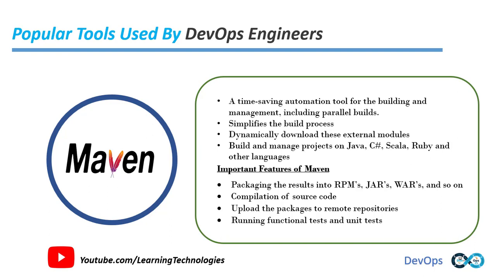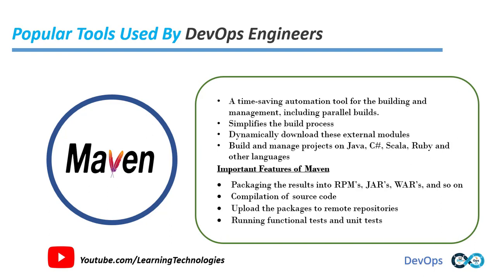Maven simplifies the build process by describing how software is built and what its dependencies are. A Maven project is configured using a project object model, or POM, an XML file which describes the build process and the software project. It depends on external modules and components such as build order directories.